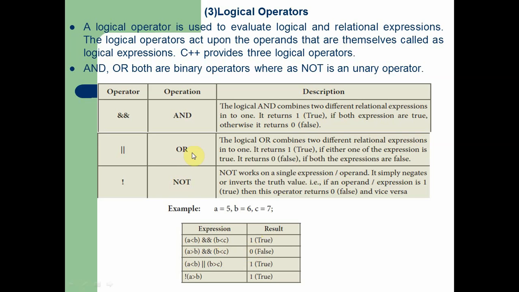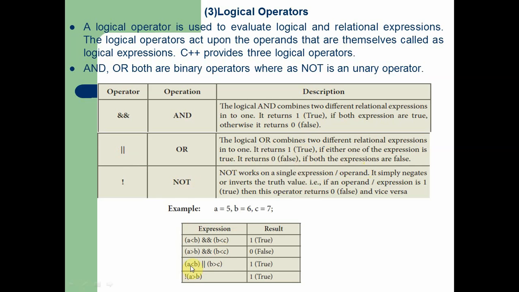So we already know what OR is. This operator returns true if either one of the expressions is true. It returns 0, that is false, if both expressions are false. So the OR operator symbol is the pipe. See here, this is the symbol used in C++ as the OR logical operator, where it checks two expressions, not two values.